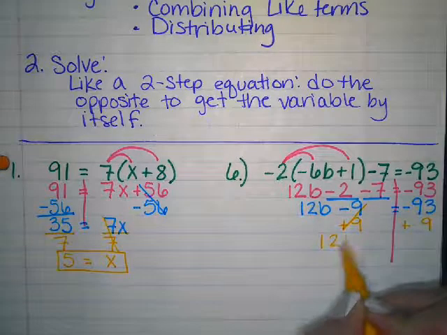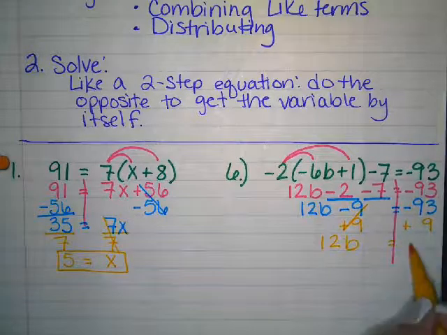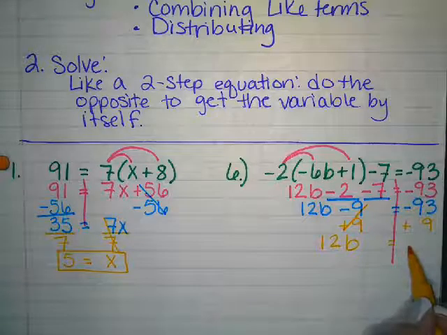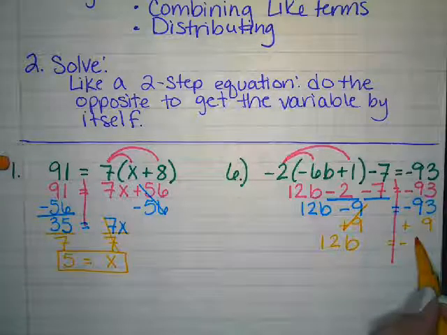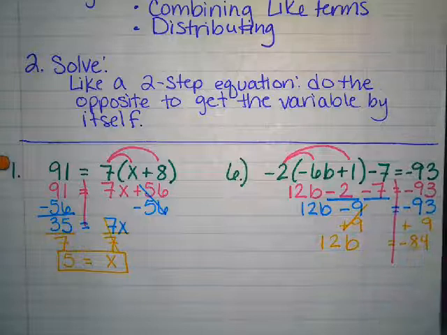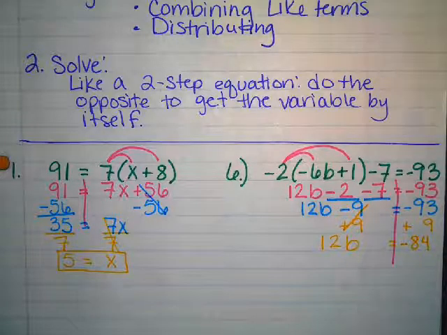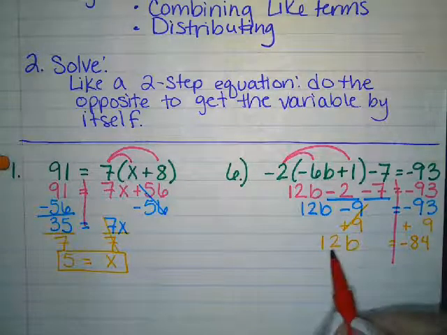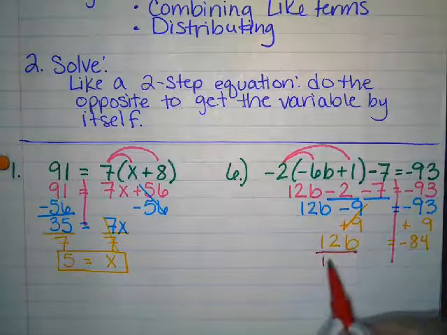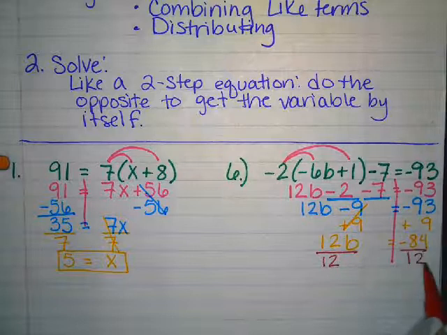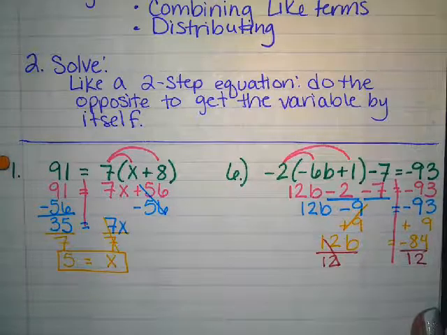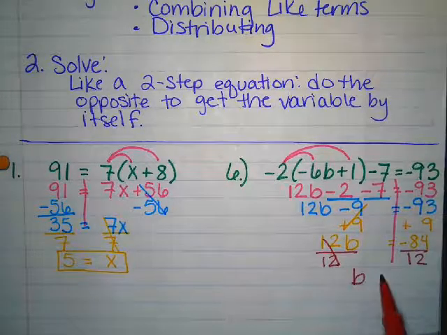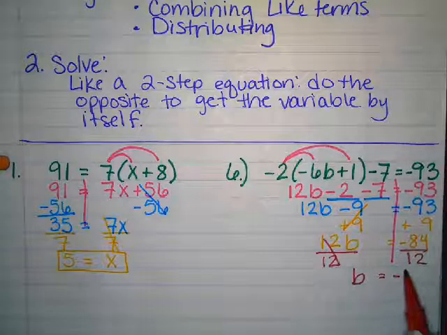And I get 12b is equal to negative 93 plus 9 gives me negative 84. And then I want to get rid of that 12 times b by dividing by 12 on both sides. And I end up with b is equal to negative 7.